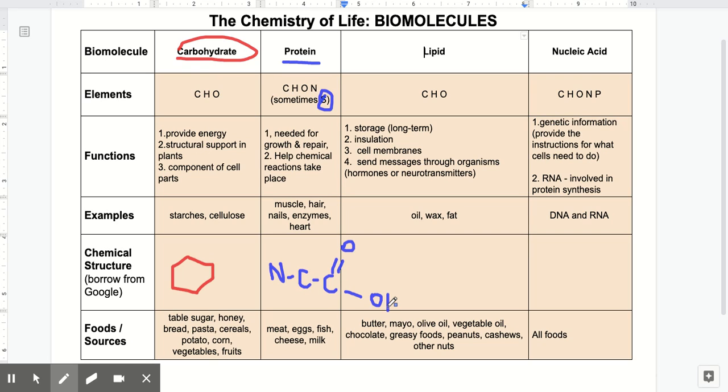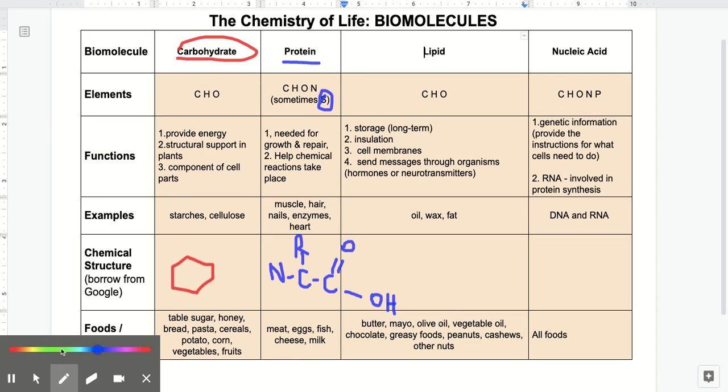So I kind of went over a little bit here. And then off of this side would be the R group, and that R group varies depending on what type of amino acid we're looking at. What types of foods have proteins in them? Meats, beans, eggs, fish, milk, cheeses.